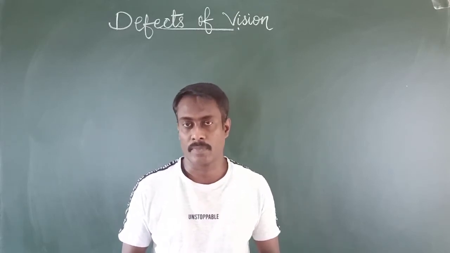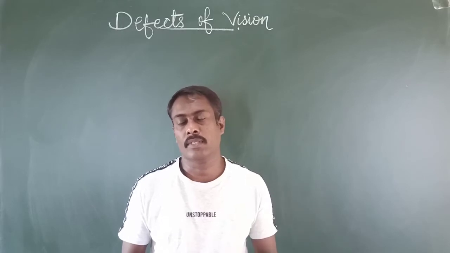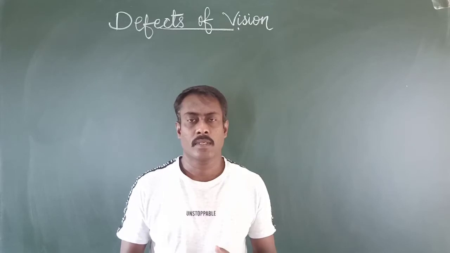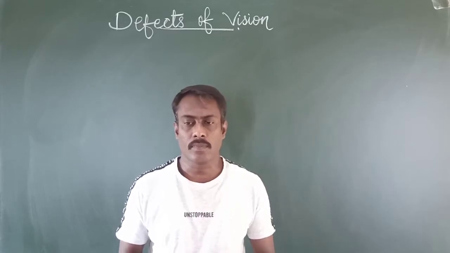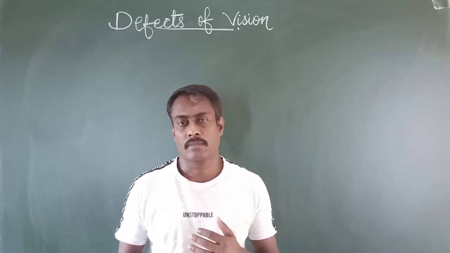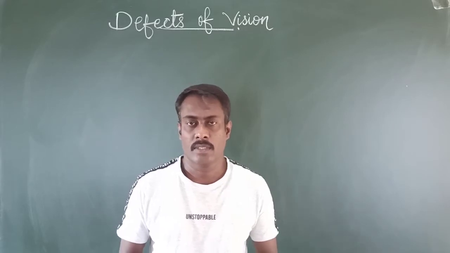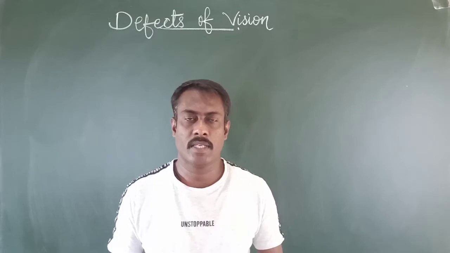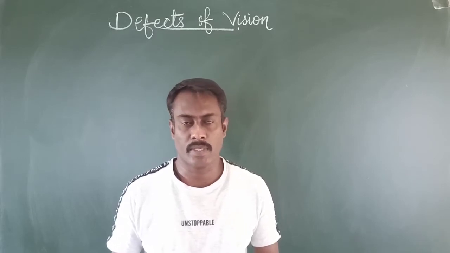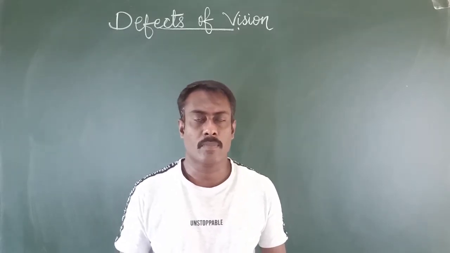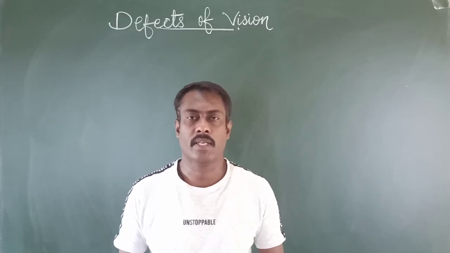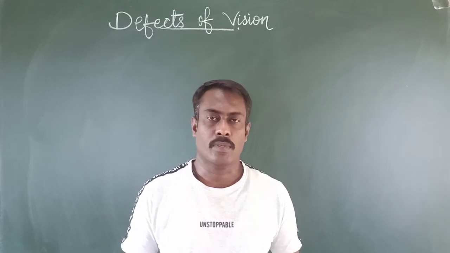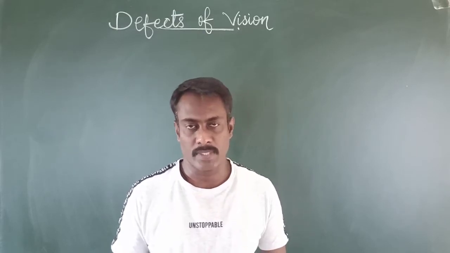The far point of the human eye is infinity, so any object that is placed at a great distance can be seen by a human eye. The near point is known as the least distance of distinct vision. The farthest point up to which a human eye can see an object clearly is known as the far point of a human eye, which is infinity.